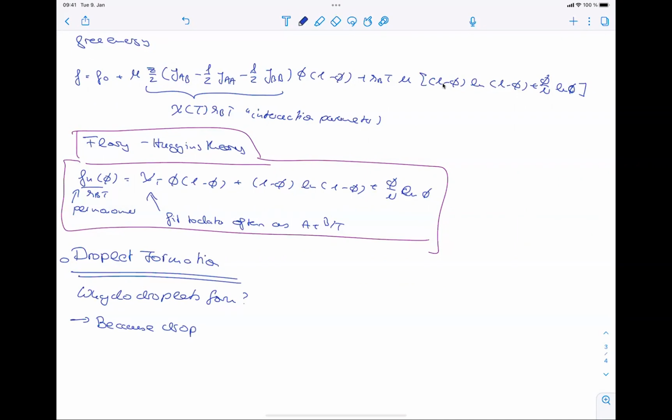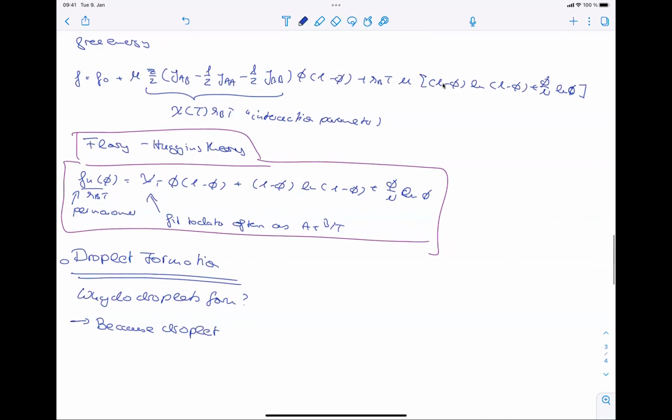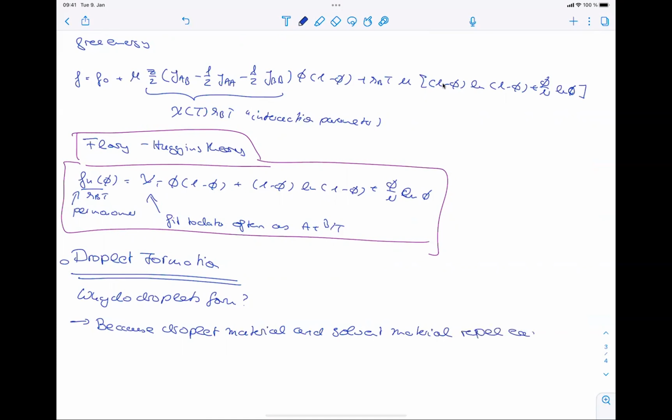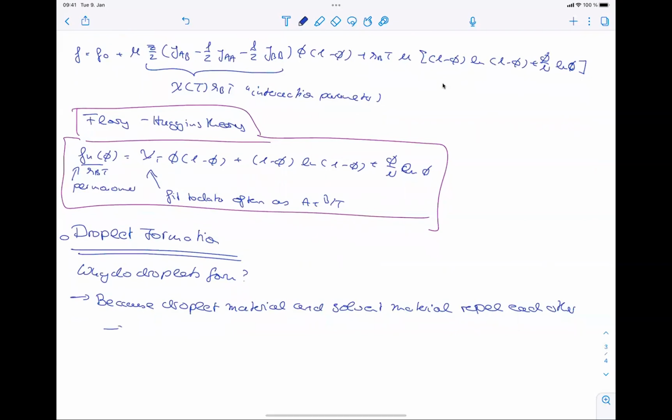So because the droplet material and solvent material repel each other. So that's the physics. And the physics is here the thermodynamics of phase separation.